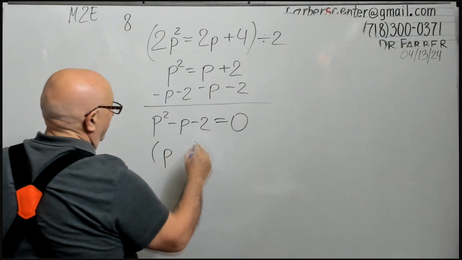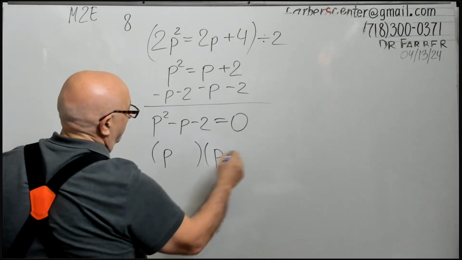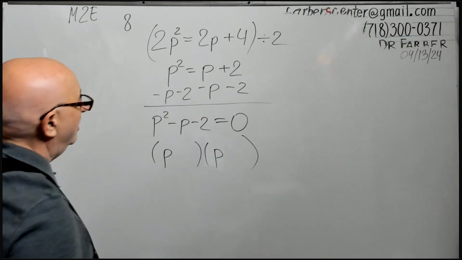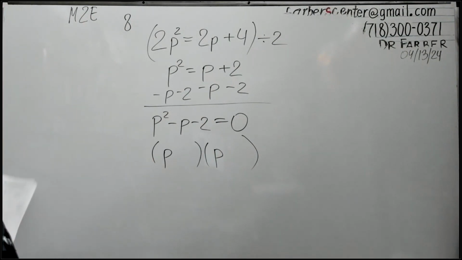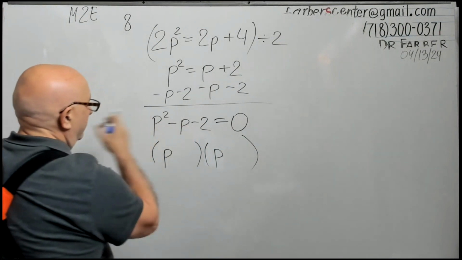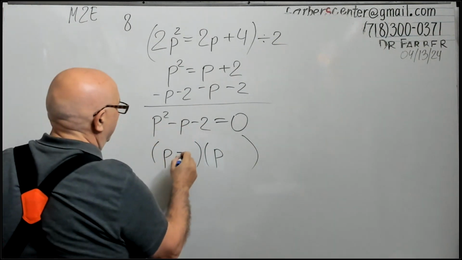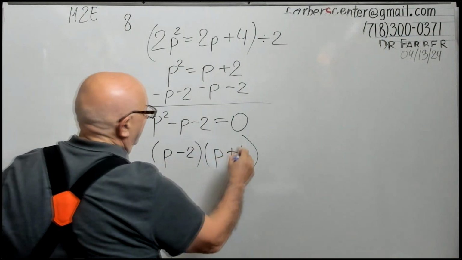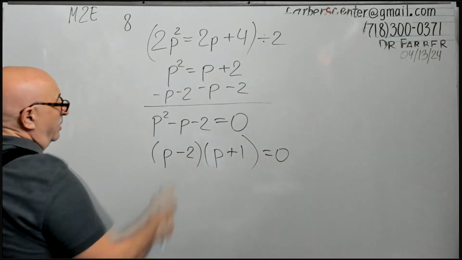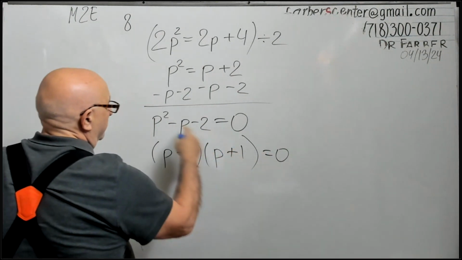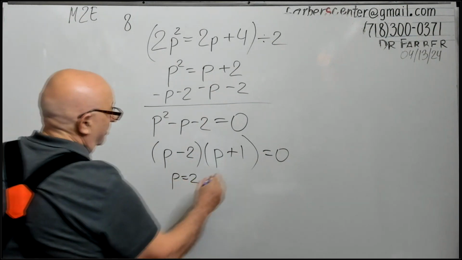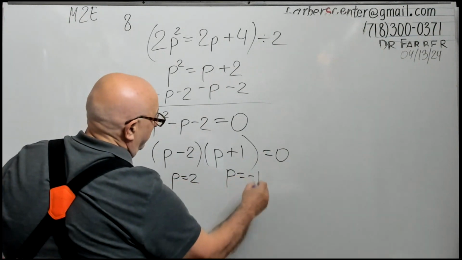Use Vieta's theorem. The product equals negative 2 and the sum equals negative 1. What is it? Negative 2 and plus 1. Negative 2 times 1 is negative 2. Negative 2 plus 1 is negative 1. So either p equals 2 or p equals negative 1.